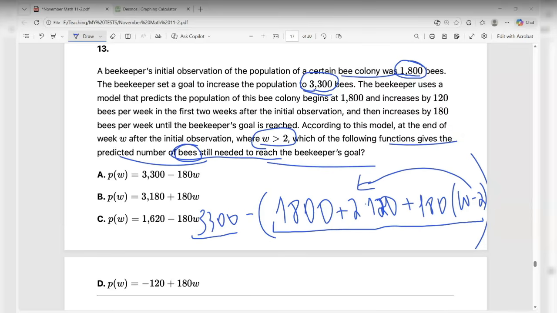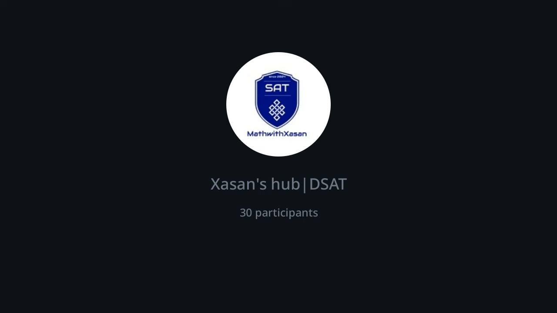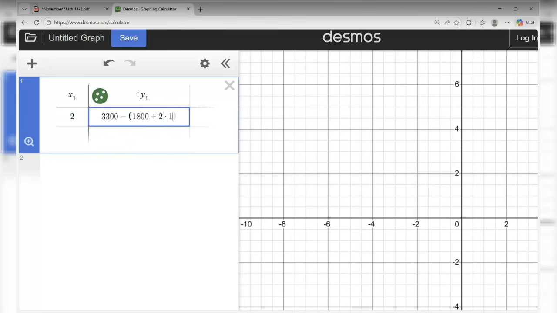we're gonna have just one thing, a table. Okay guys, create a table, and also understand you must find how many bees are needed. So after 2 weeks, that's gonna be 3000 minus 1800, where you can also write it like this, 1800 plus 2 times 120.